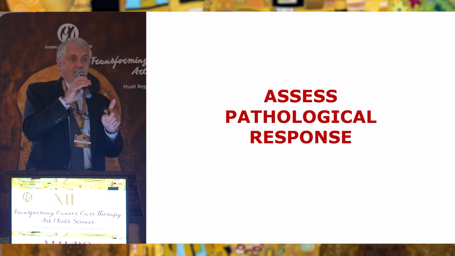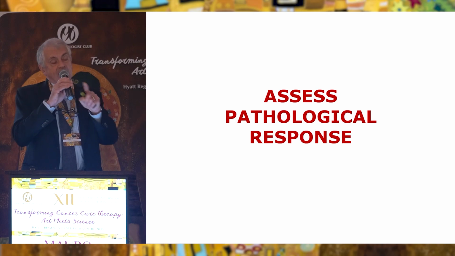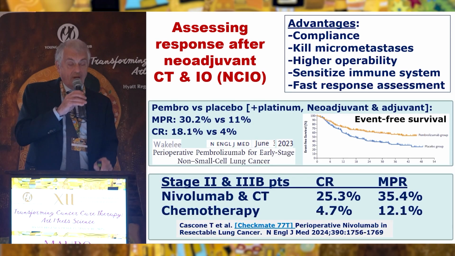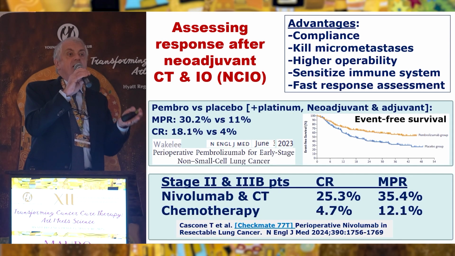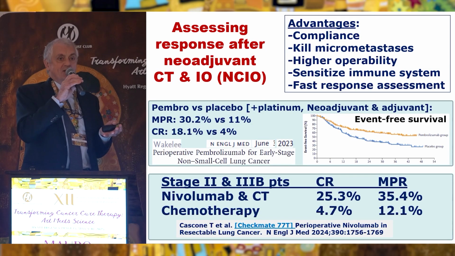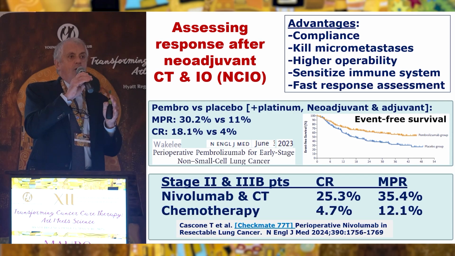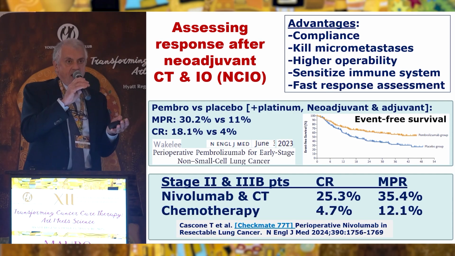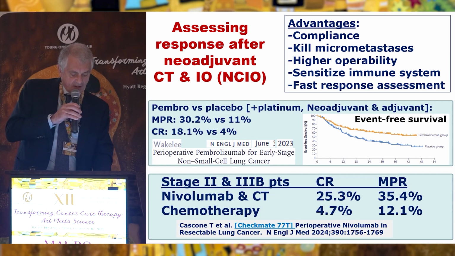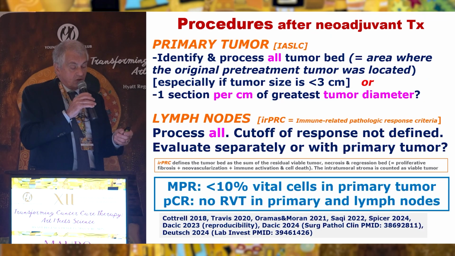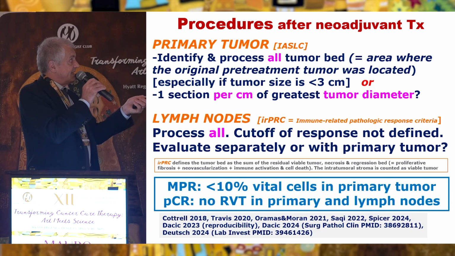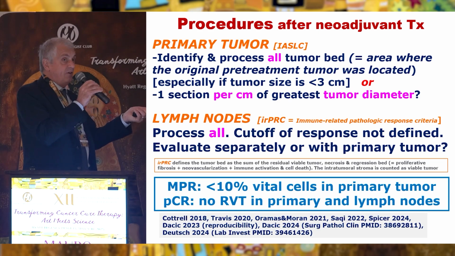An additional point and challenge for us is to assess pathological response, which means an inoperable tumor undergoing neoadjuvant treatment and subsequently resected. So we receive a tumor, hopefully completely necrotic, if neoadjuvant treatment has gone okay, but we have to decide which type of response has been identified, if any, and if it is complete or not. Therefore, there are different rules by which we have to assess either the primary tumor or the lymph nodes or both.